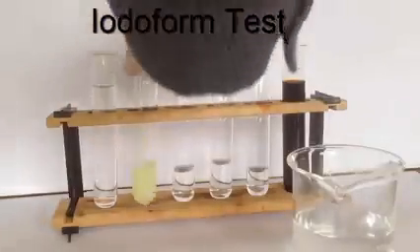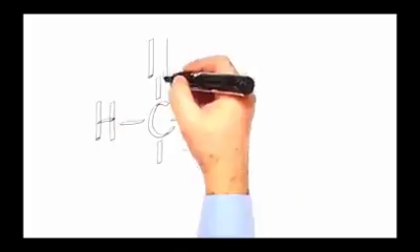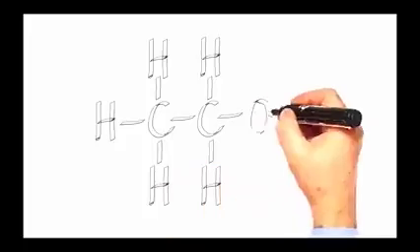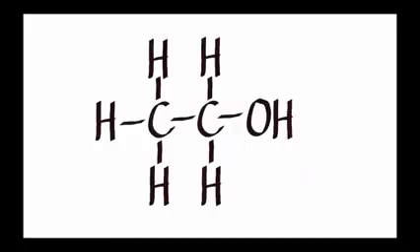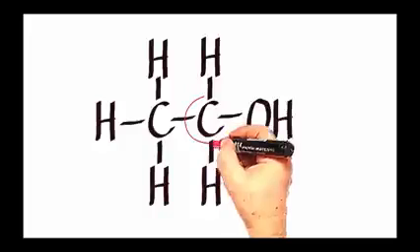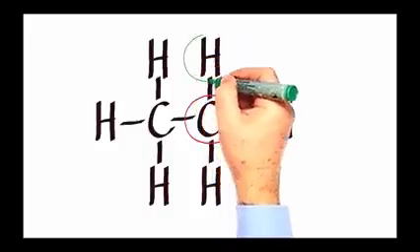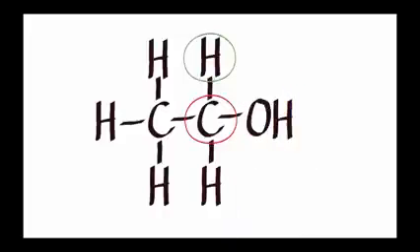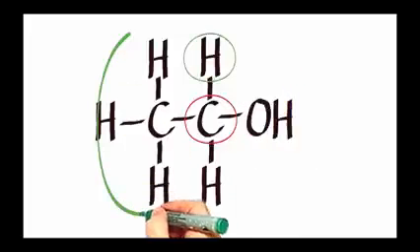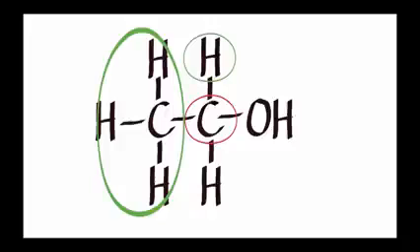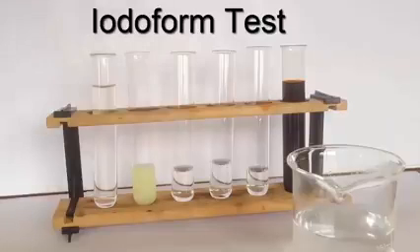So ethanol, which we would have expected from its structure, gives a positive iodoform test. In ethanol, you can see here we have a carbon that is bonded to an OH group and to an H and a methyl group. Those are the requirements for a positive iodoform reaction.